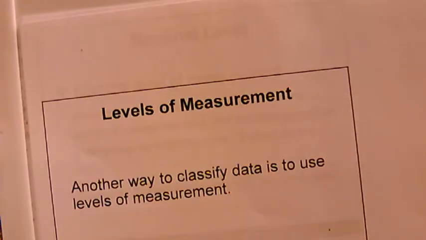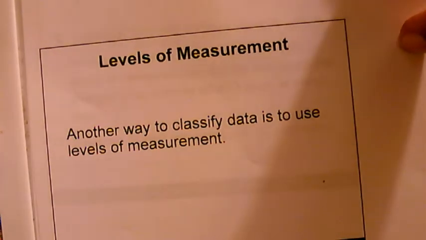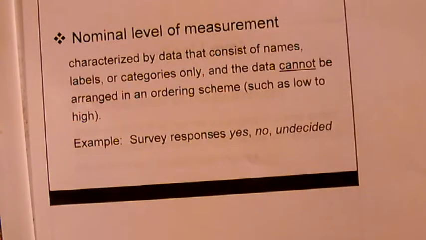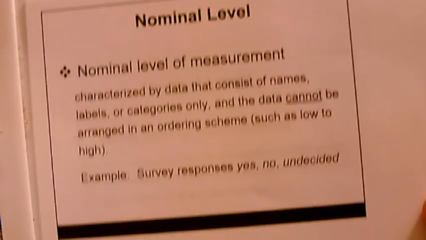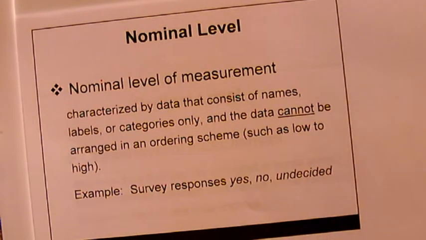Now let's look at the 4 levels of measurement. This is another way to classify data by using the levels of measurement. The lowest level of measurement will be the nominal level of measurement, and that's characterized by data that consists of names, labels, or categories only, and the data cannot be arranged in any ordering scheme, such as low to high.